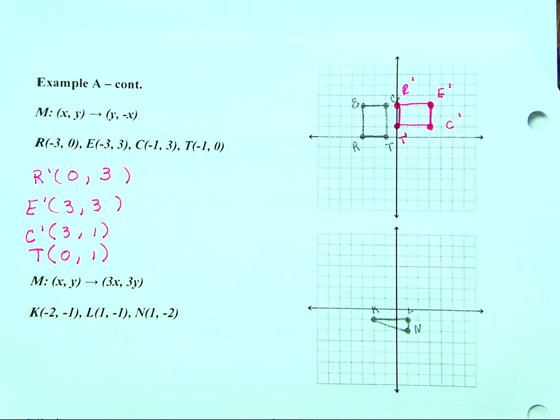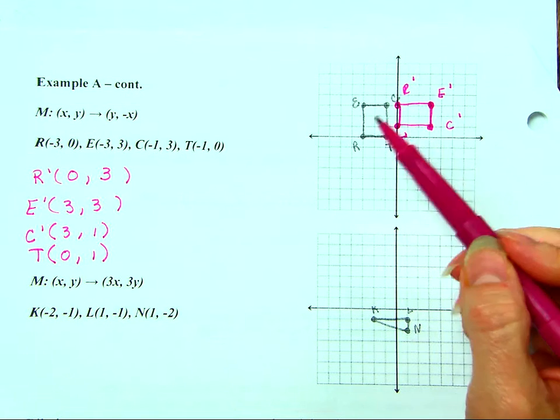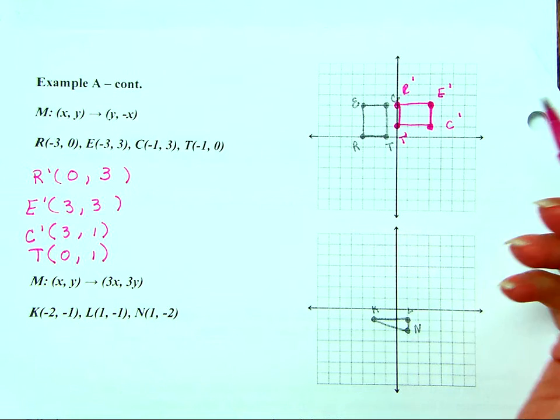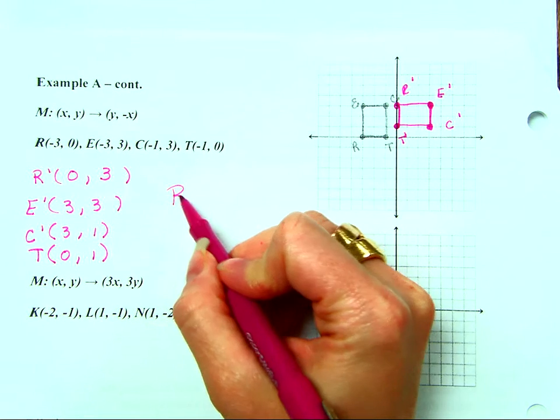Now this one, as I look, might be a little bit tougher to tell, but comparing R to R prime or E to E prime, I can actually see that they have made a rotation.